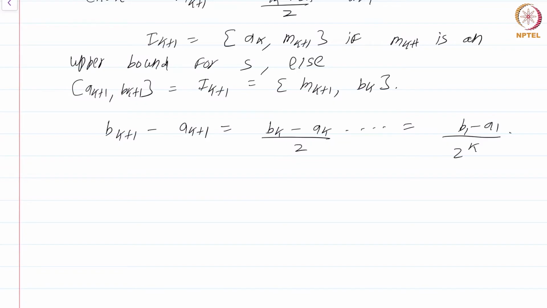Now it's an easy exercise for you to show that n is always less than 2 power n. This is a very easy exercise. You can show this by induction.